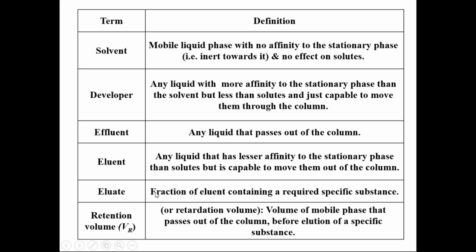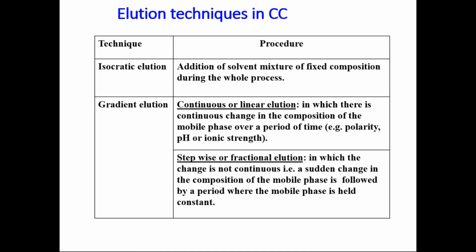The eluate is the fraction of eluent containing the analyte, and the retention volume, similar to the retention factor, VR, or the retardation volume, is the volume of the mobile phase that passes out of the column before elution of a specific substance. In the elution from the column, we can change the mobile phase concentration, or we can keep the mobile phase concentration the same.